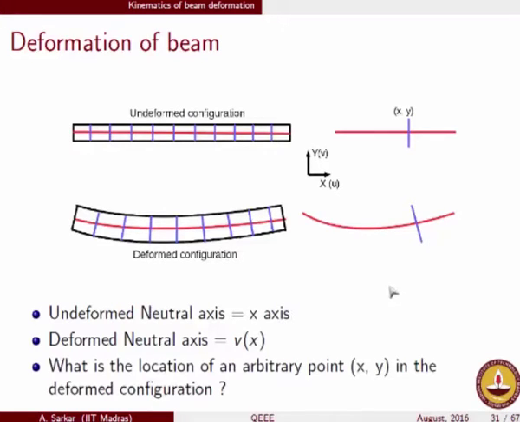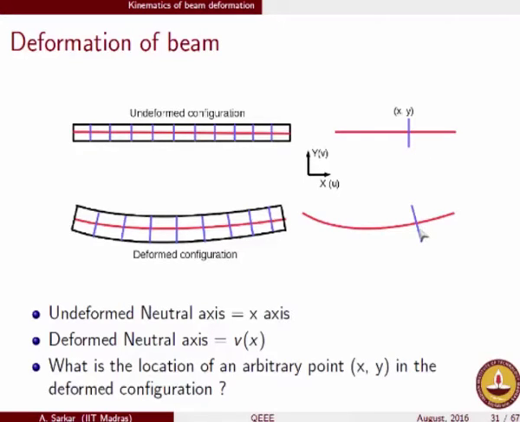But is it sufficient? Yes, it is, because the location of any arbitrary point can now be determined through this kinematics. That is, every other point which is not on the neutral axis will be on one of these blue lines, and if you know how the red line has moved, by merely using the fact that the blue line has to be perpendicular to the red line and it has to remain plane, that is, in the 2D view it has to remain a straight line, you could map each point on this blue line as to where it is going.